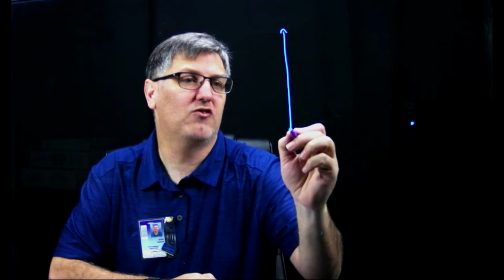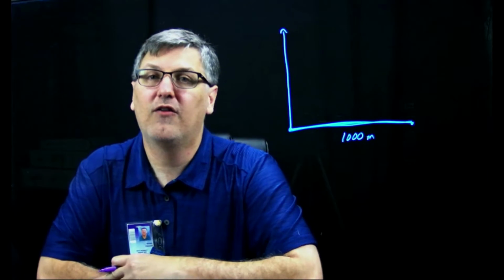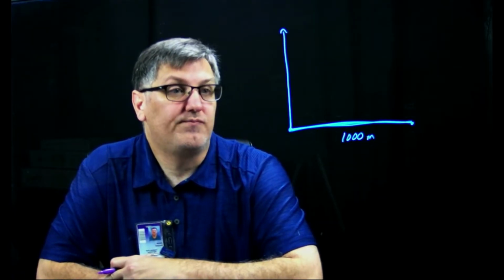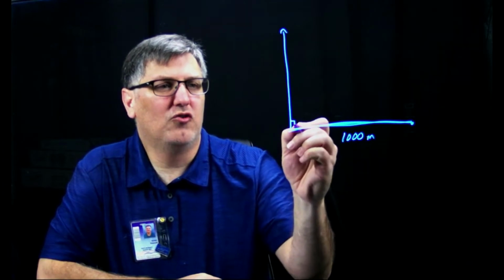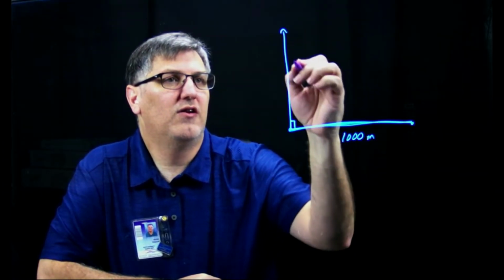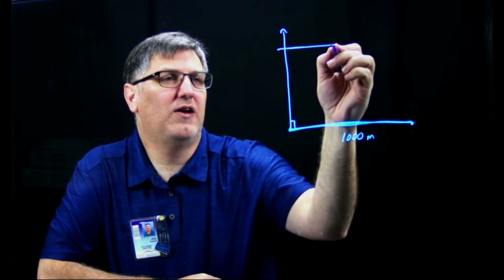And say there's a camera over here, and let's call this distance 1,000 feet or 1,000 meters, 1 kilometer. And we're going to assume that they are perpendicular. And let's say there's something up here.